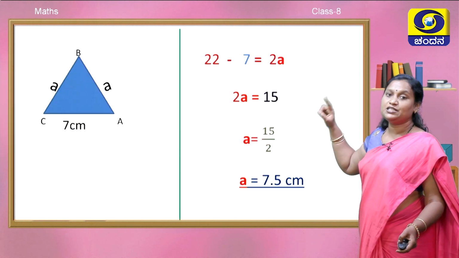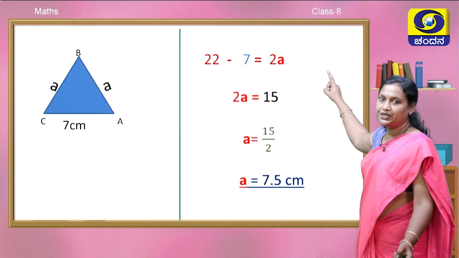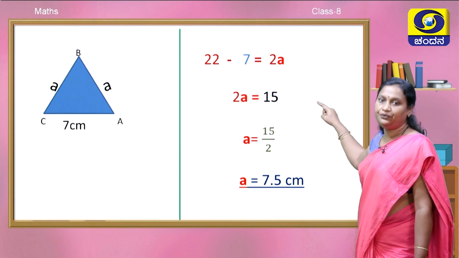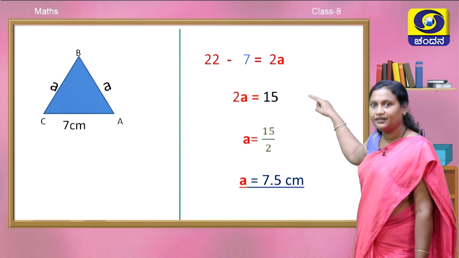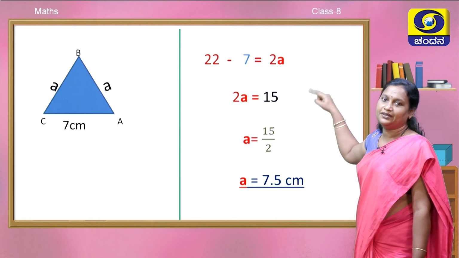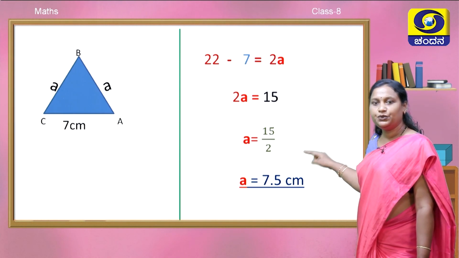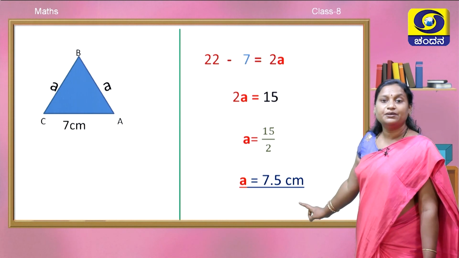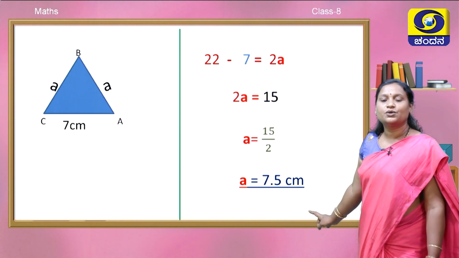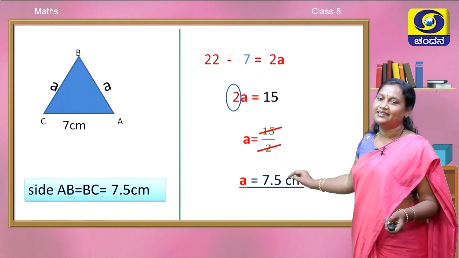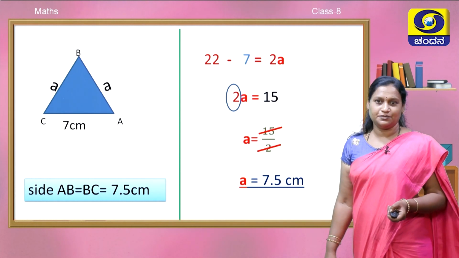So, if I transpose 7 to the LHS, it is 22 minus 7 is equal to 2A. Therefore, 2A will become 15. How did I get 15? It is 22 minus 7. It is 15. So, A is 15 divided by 2, which is nothing but 7.5 centimeter. So, I should write the final answer. The side AB is equal to BC is equal to 7.5 centimeter.